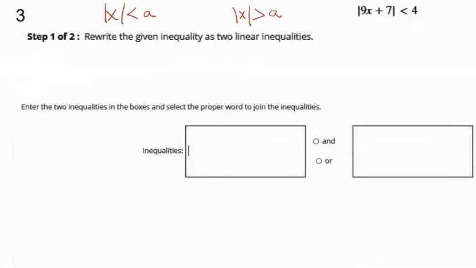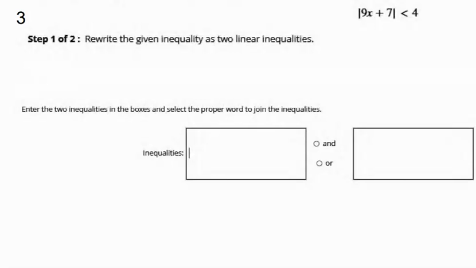Now in example 3, they're asking us to work with this absolute value inequality. My technical advisor did spot an error here, and I want to correct that, so I will do it. We are asked to rewrite this as two linear inequalities.